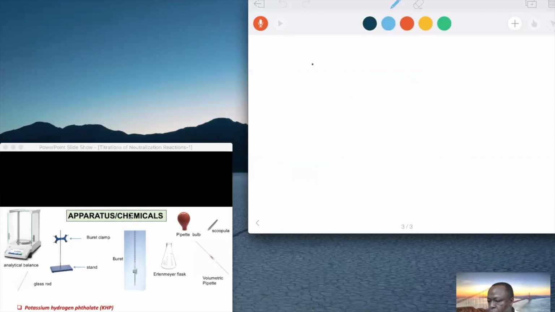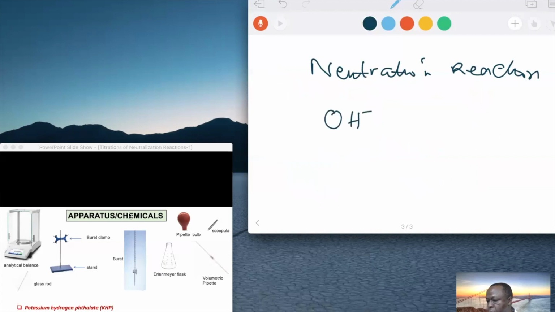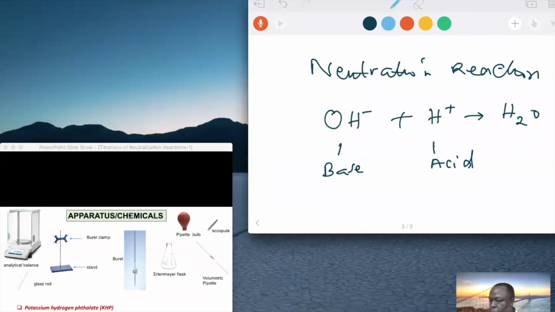Neutralization is a type of reaction where hydroxide reacts with hydrogen ion to produce H2O. The hydroxide is from the base, and the hydrogen ion is from the acid. We call this acid-base neutralization. Stoichiometry comes in here: the mole ratio, the coefficients in the balanced equation, is 1 to 1.